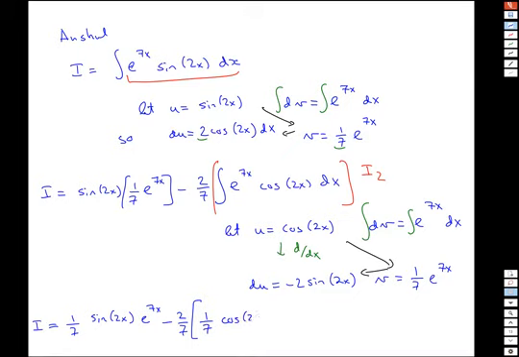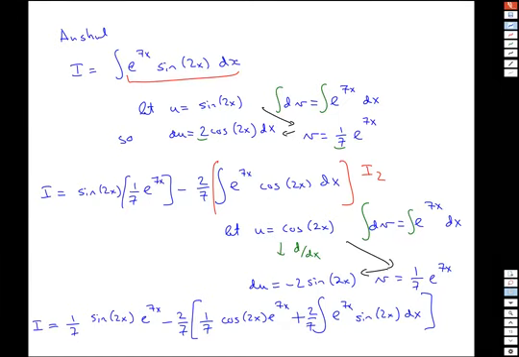Cos of 2x e to the 7x minus the integral of the v times du. Again, I'm going to take a little shortcut. There's a double negative, so it'll be a plus. And there's a 2/7. We can bring that out front as well. And we're going to end up with e to the 7x sine of 2x dx. Close that big bracket.